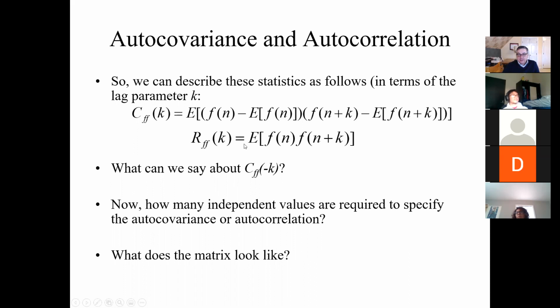We're taking the correlation between F at any time N and F at any time K time units away from N. It's also true that CFF of minus K, the negative lag, is the same, because it doesn't matter whether you're moving forward or backward. So this should be a symmetric function.